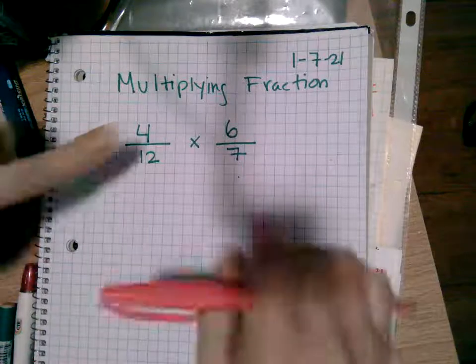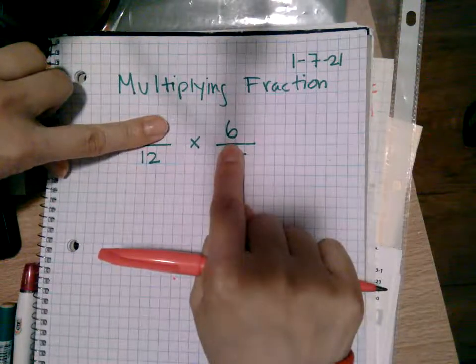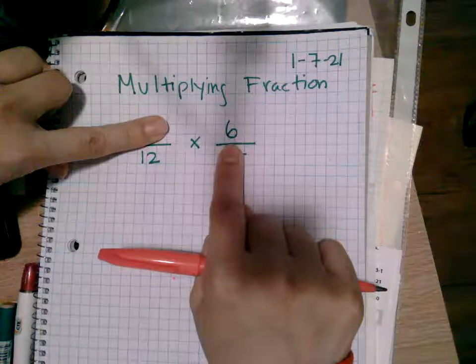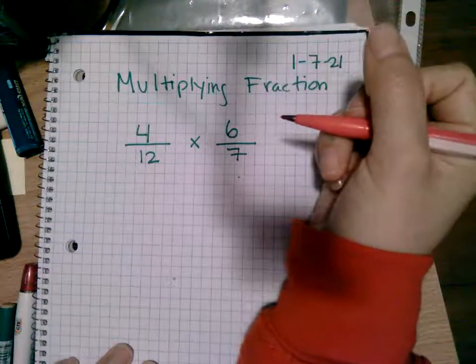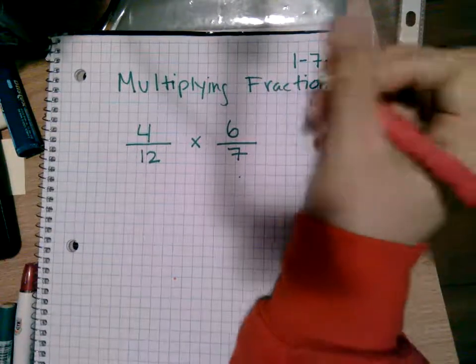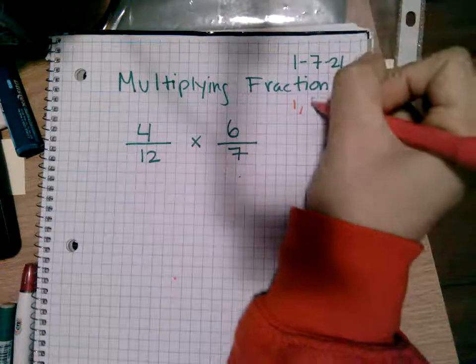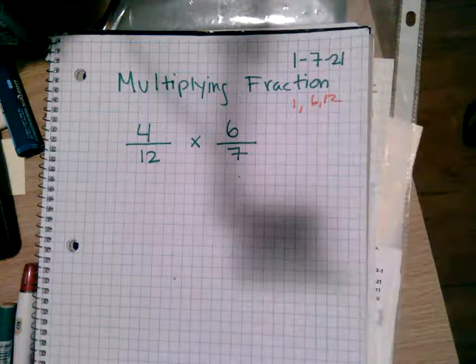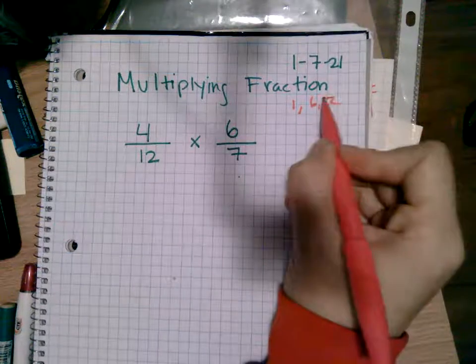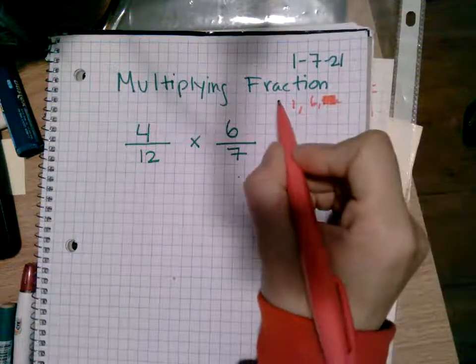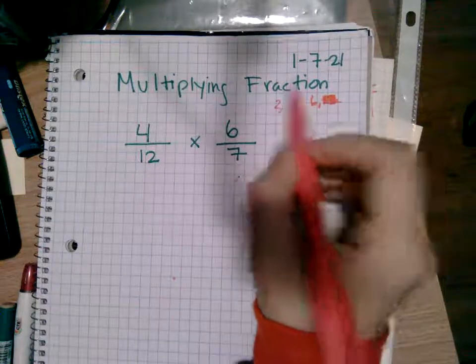So what can I divide 12 and 6 by? 1, 6, 2, 3. Those are all the numbers that we can divide by. You can't divide by 12, but you can divide by 2, and you can divide by 3.